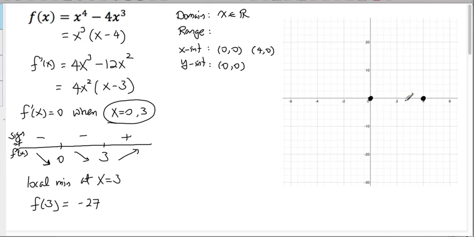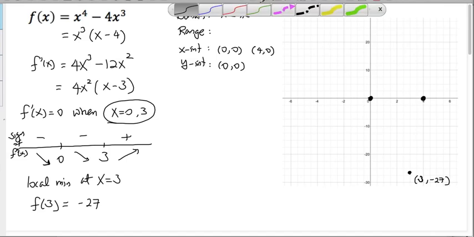Okay, so 3, 20, 25, somewhere right there maybe. Let's call this 3 comma negative 27. Okay, min. All right, and let's find the second derivative.